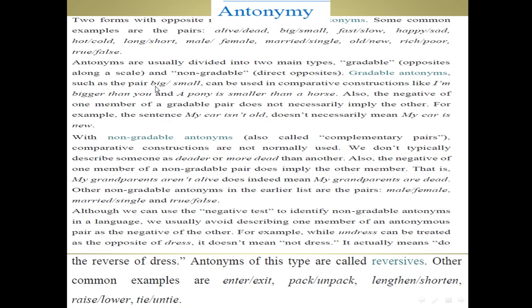Antonyms means متضادات. Big and small are antonyms. Married and single are also antonyms. But these two and these two are not in the same group. These two, we call them gradable antonyms. But these two, non-gradable antonyms.